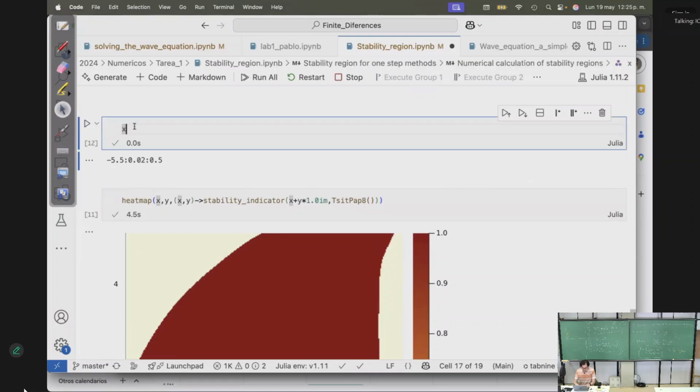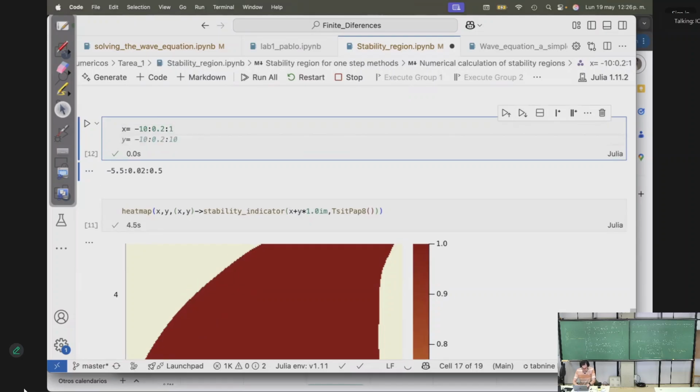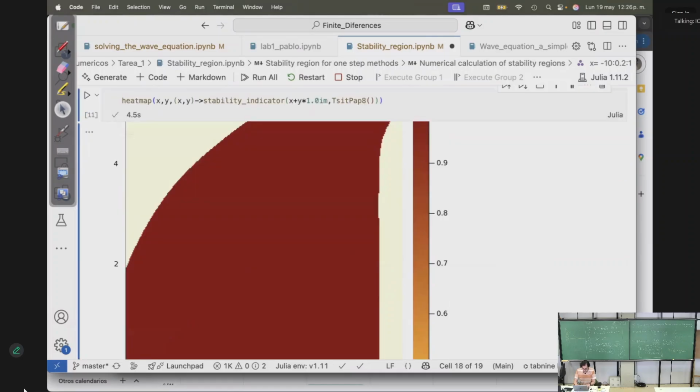Let's try to do it a bit larger. Equals minus 10, 0.2. And here let's put 1, y, something like this.